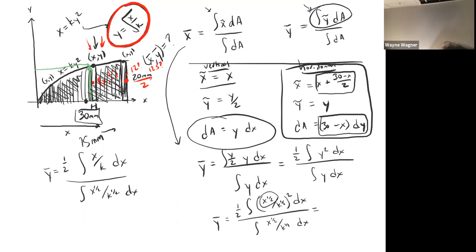In this case, I'm just going to bring the k out, and bring the 1 over k to the 1/2 out, because those are annoying and I don't want to deal with them. So I've got x on top and x to the 1/2 on the bottom, and again, we're going from 0 to 30.